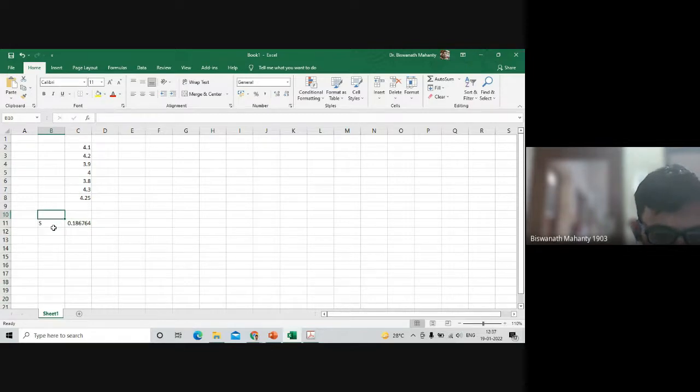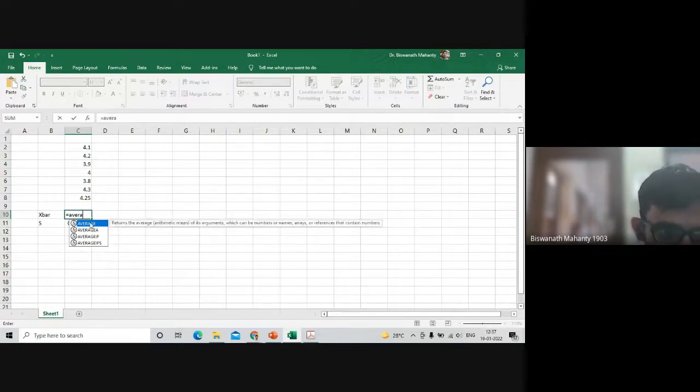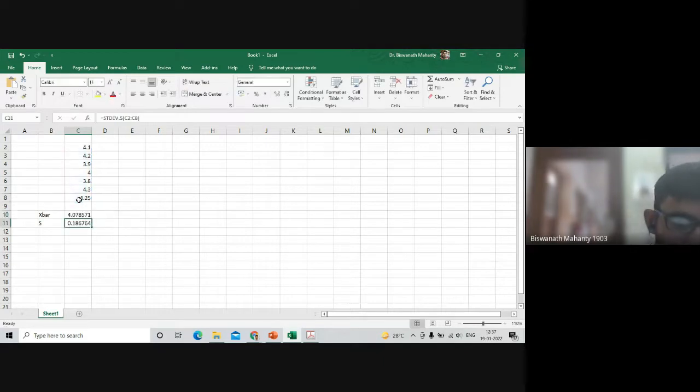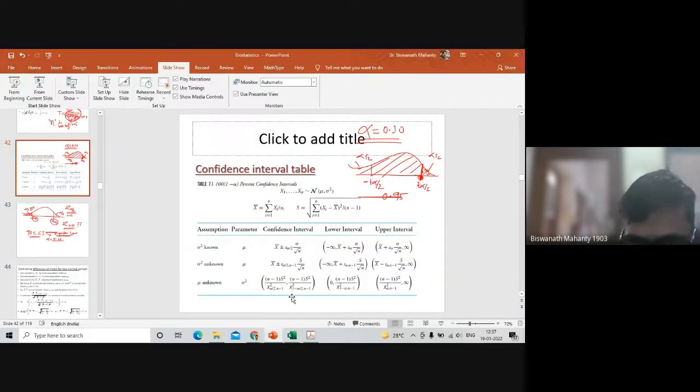I'm calculating average, X bar. This is my average. This is S. And how many number? Number is 7.